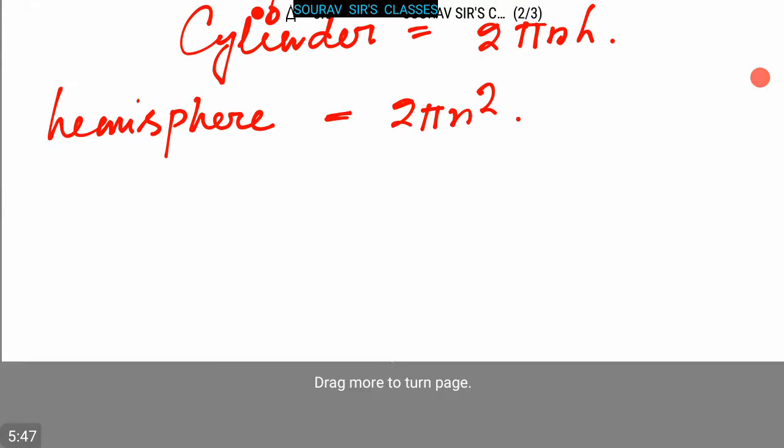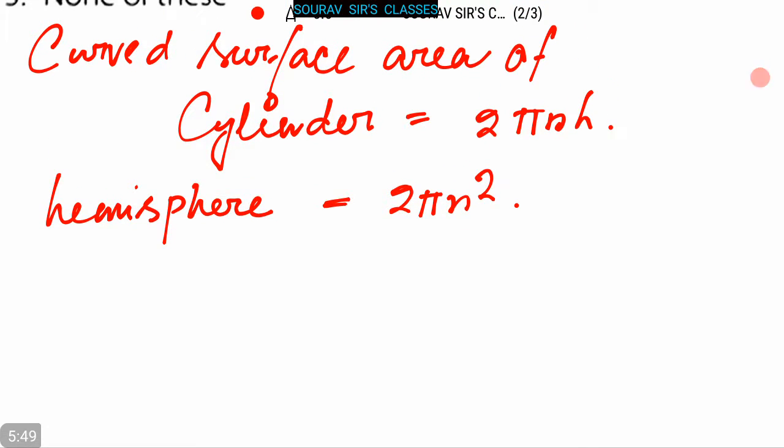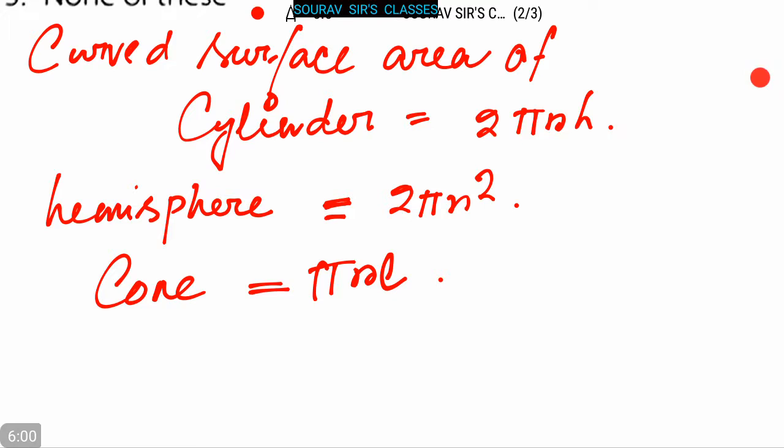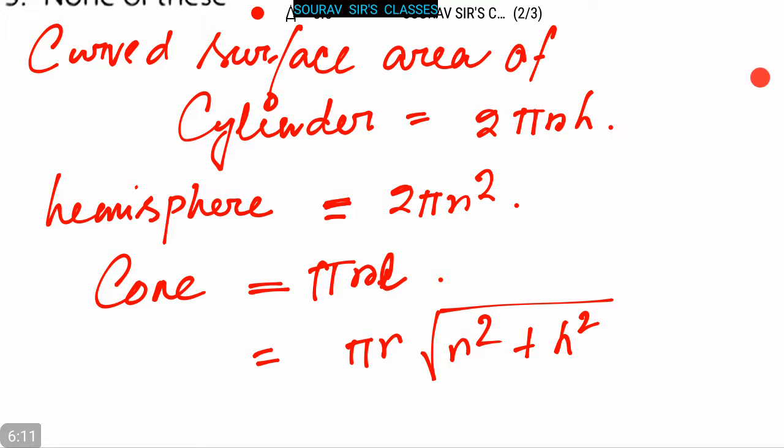Now in case of the cone, the curved surface area of the cone is equals to pi r l, that is equals to pi r into root over r square plus h square. So instead of l we are writing here root over r square plus h square.